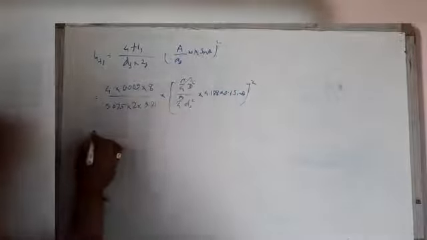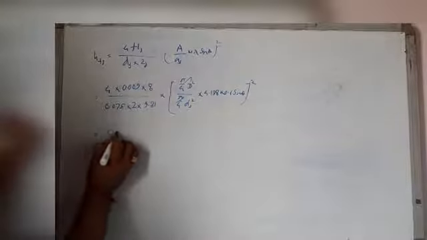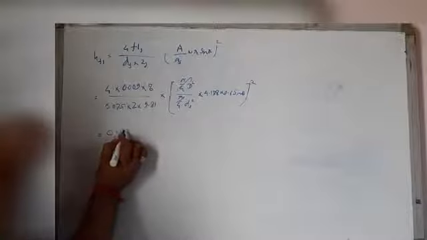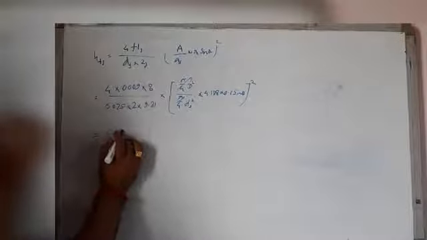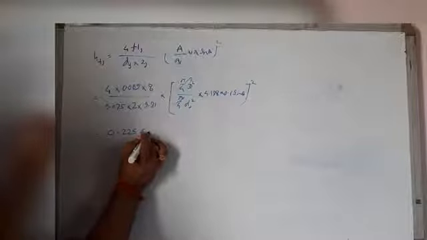Pi by 4 cancel. Now this value comes 0.225 sin square theta.